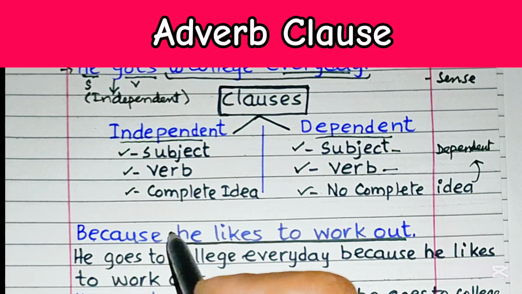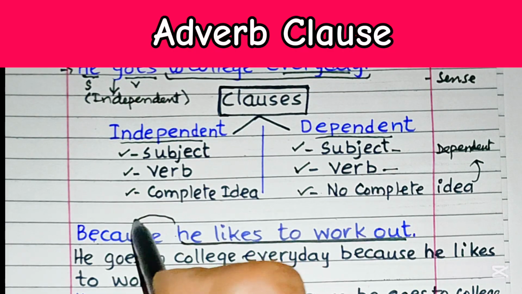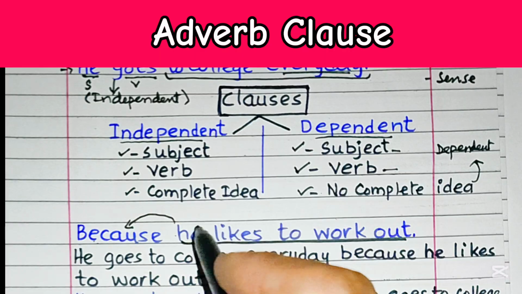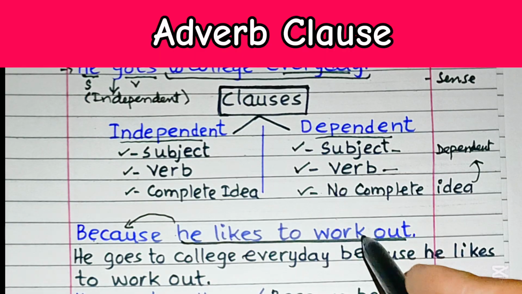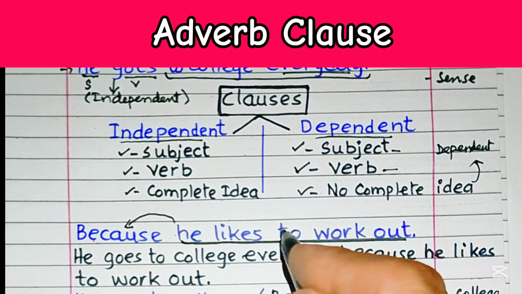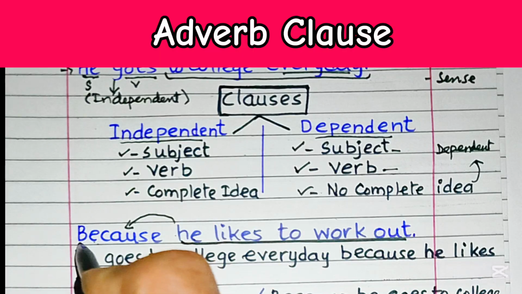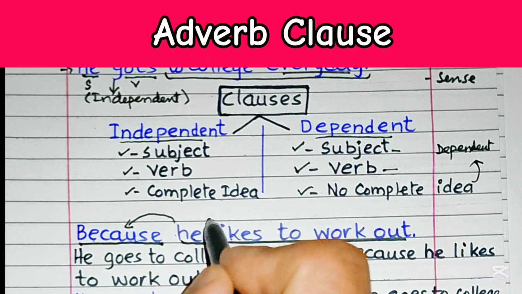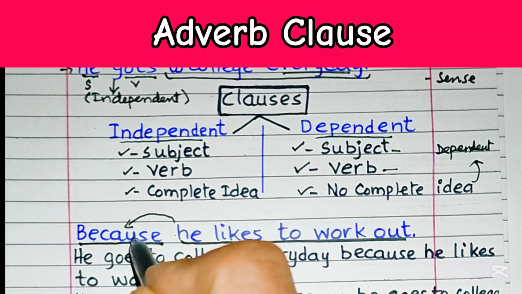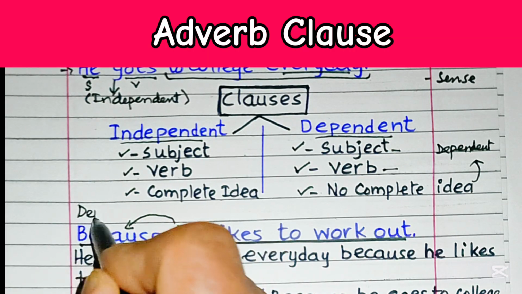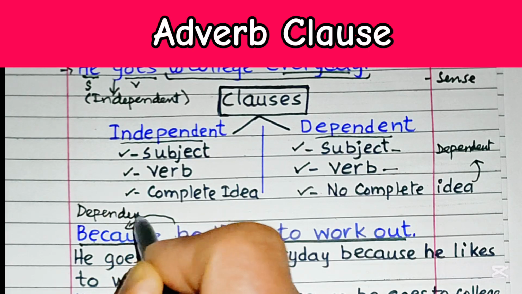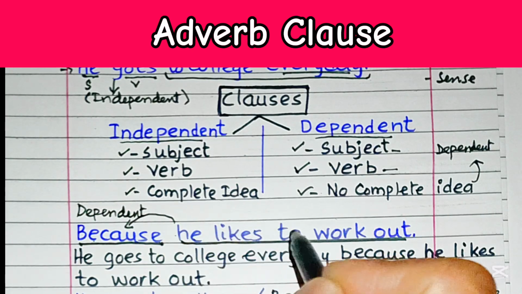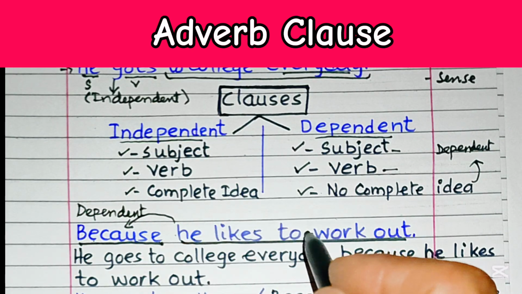If I add "because" at the beginning of this clause, "he likes to work out" was an independent clause, but by the addition of the word "because" it becomes dependent. Why dependent? Because "he likes to work out"... what because?